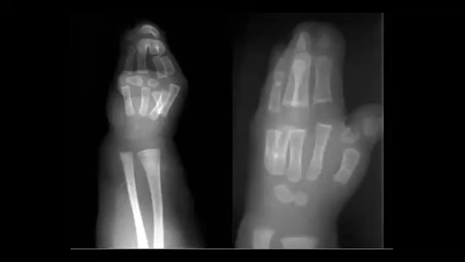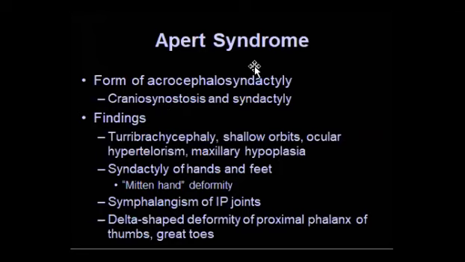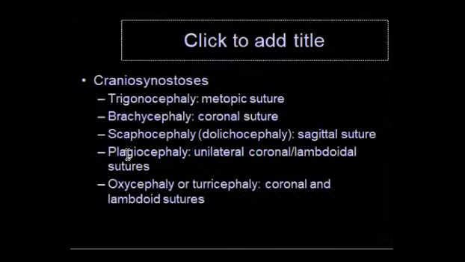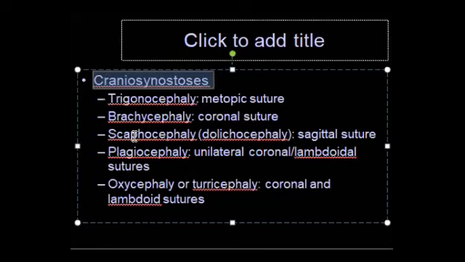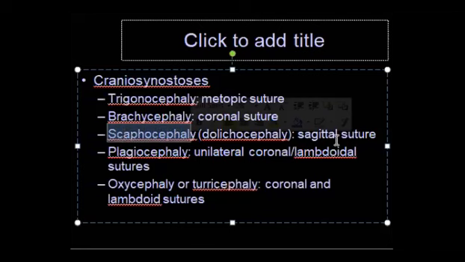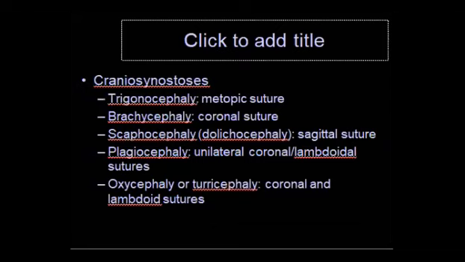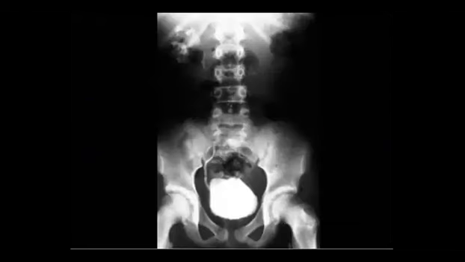You see more hands today. Syndactyly, mitten hand, multiple abnormalities. This is what's called Apert syndrome. Craniosynostosis with syndactyly. Don't forget the scaphocephaly, which is the most famous one, sagittal suture. The other types, sometimes they like to ask you in the MCQ.